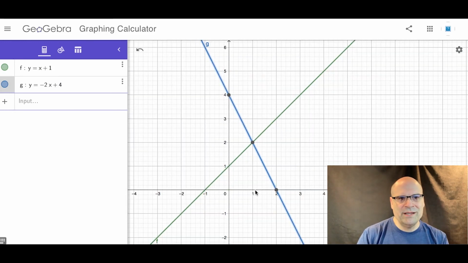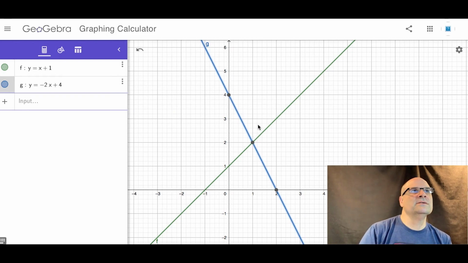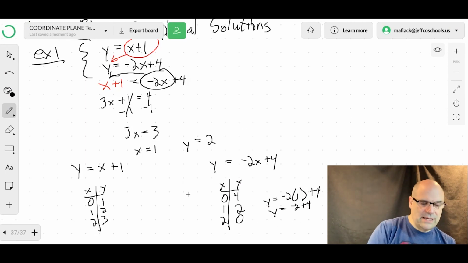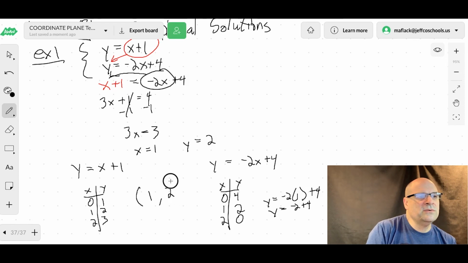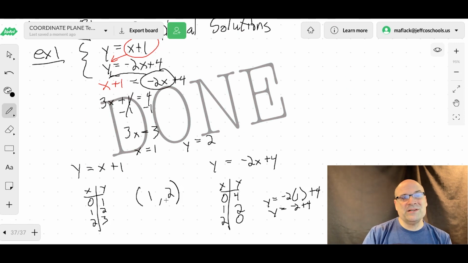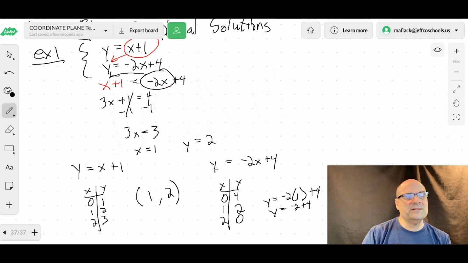Well, it's 1, 2. So x is 1, y is 2. And that's what we had here. You can write x equals 1, y equals 2, or this is what the cool kids are doing, 1, 2, and that's your solution. Boom. So this is using an xy chart to graph these 2 equations. We're going to review the slope-intercept form.